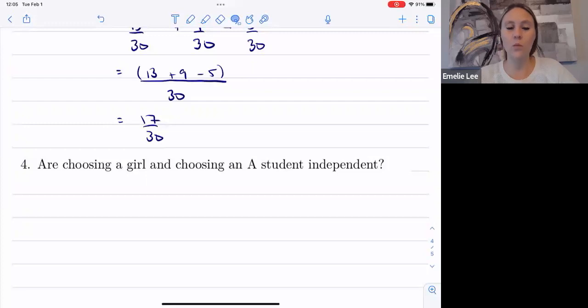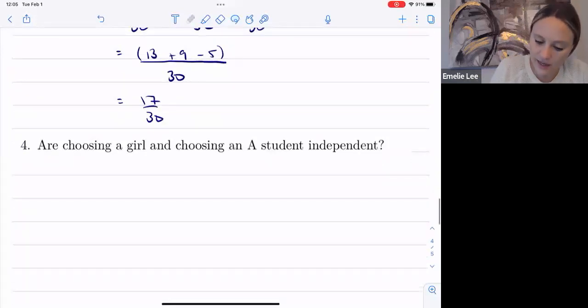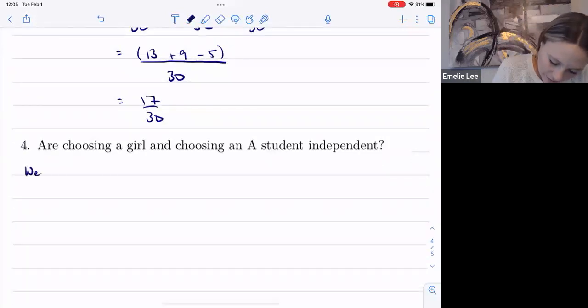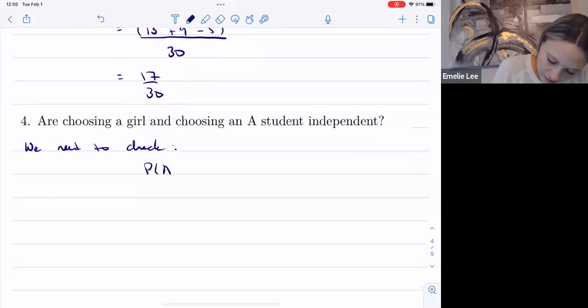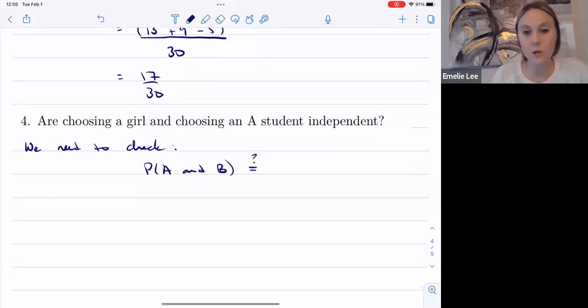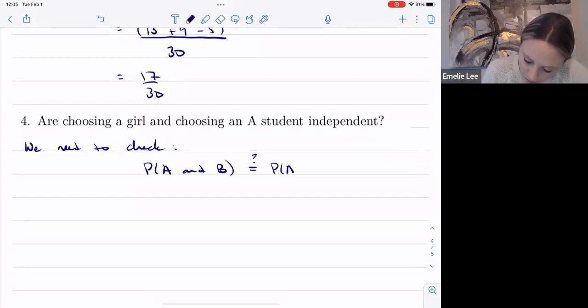What we need to do is check if the probability of A and B is equal to, and I'm going to denote that by putting a little question mark over the equal sign because I don't actually know, is it equal to the probability of A times the probability of B?